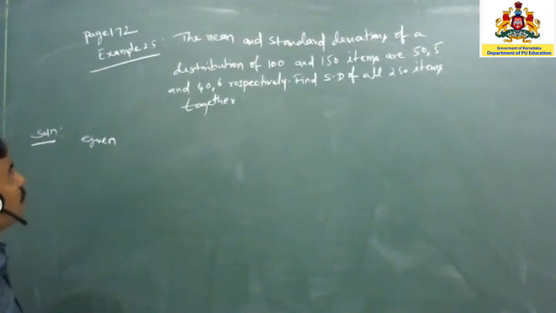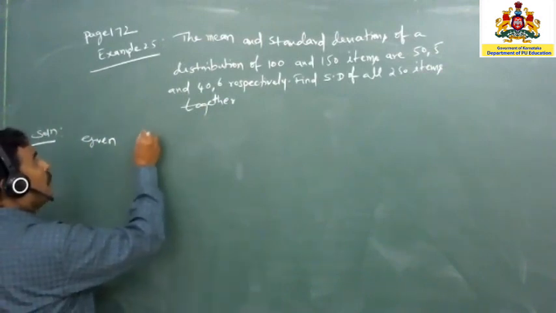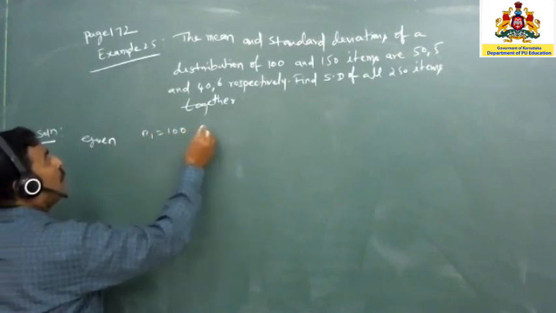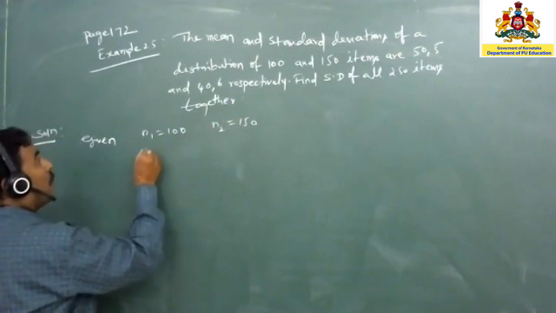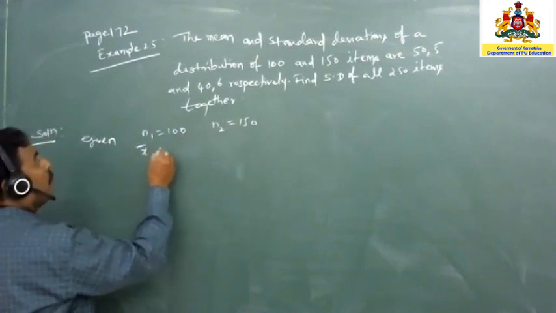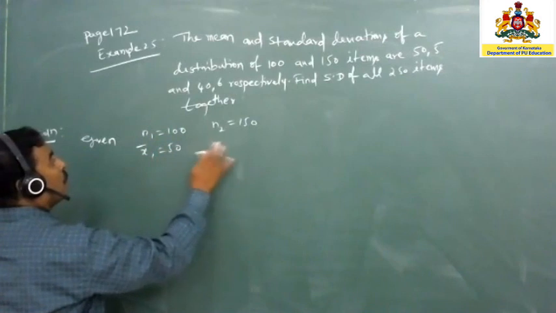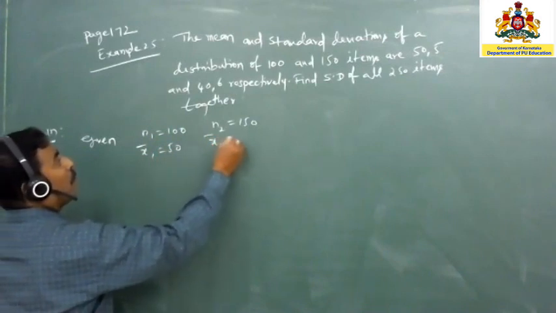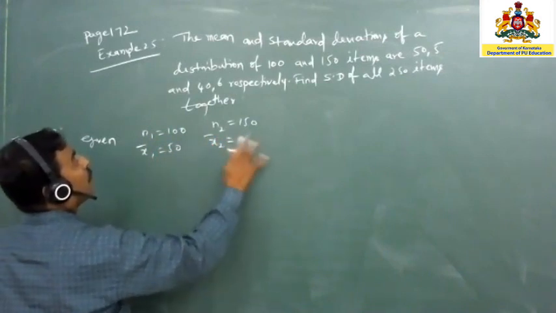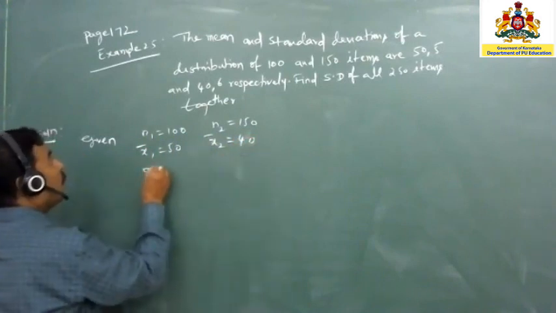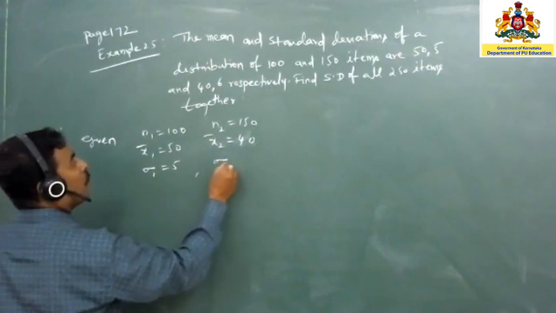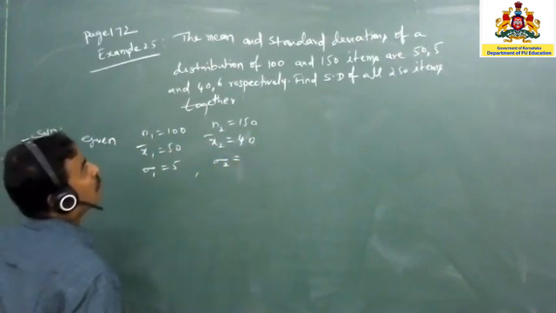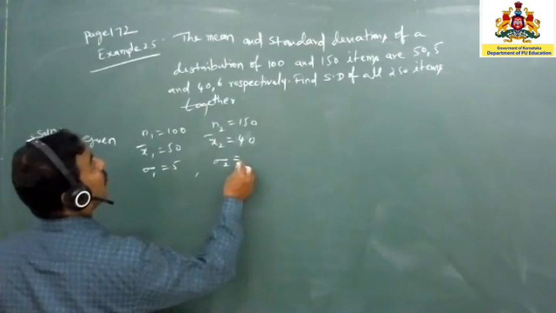N1 equal to 100, N2 equal to 150, X1 bar equal to 50, X2 bar equal to 40, and sigma 1 equal to 5, sigma 2 equal to 6.